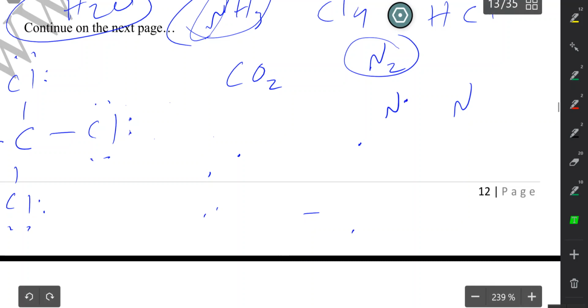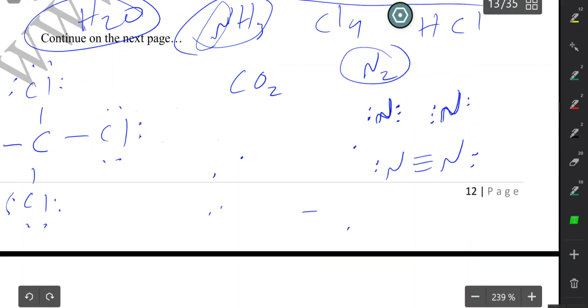So 1, 2, 3 will face this nitrogen, while the other 2 will face away. Same thing here. 1, 2, 3 will face this nitrogen, while the other 2 face away. So you can redraw this like this, and that would be your nitrogen molecule.